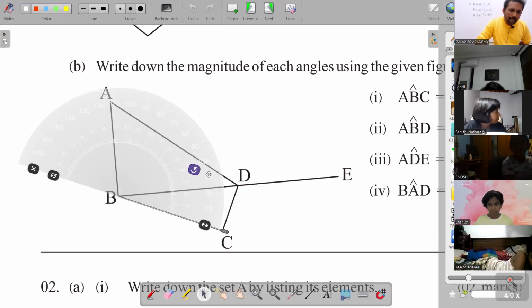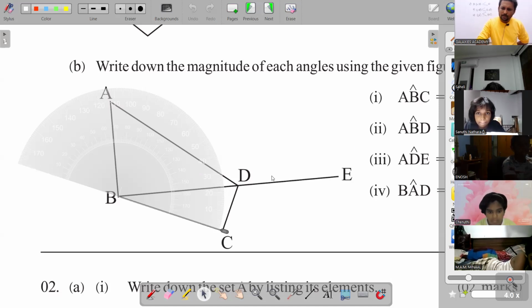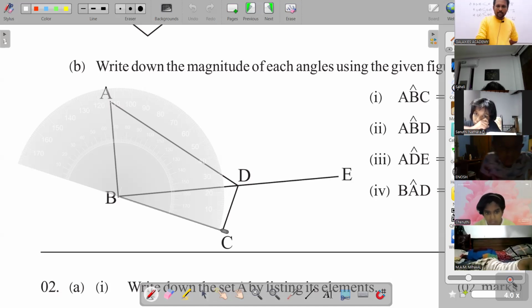Right. What is the magnitude of this angle? 112. Is it okay? You can check your answers also. I think the first one is equal to 112 degrees.